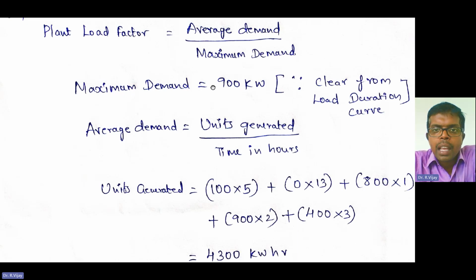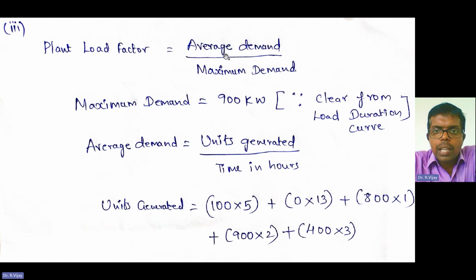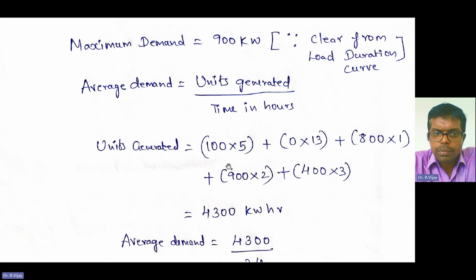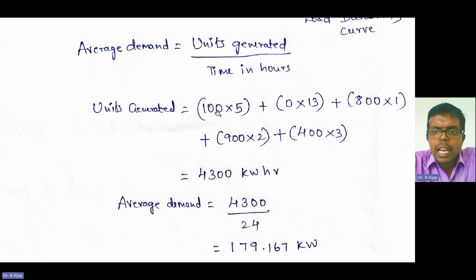Next step: plant load factor is equal to average demand divided by maximum demand. How to calculate the average demand? Average demand is equal to units generated divided by time in hours. Units generated, as we did in our previous problem, is the data given into the duration in hours.